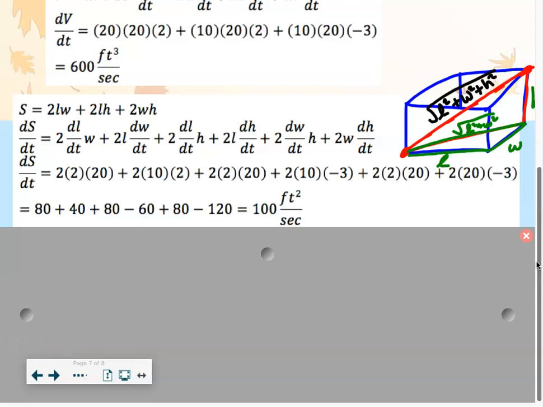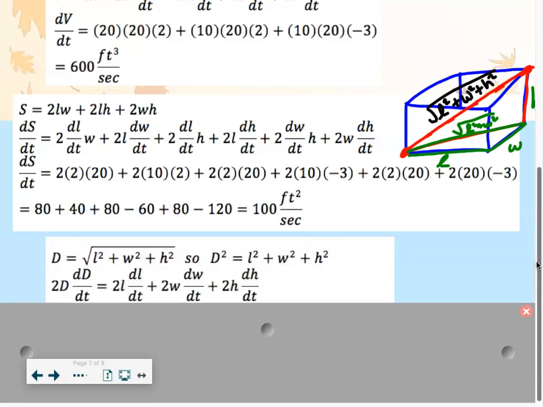Which should have made sense if you had thought about the length of a vector in 3 dimensions. If the vector is at 0 and at the point LWH, then the length is the square root of L squared plus W squared plus H squared.